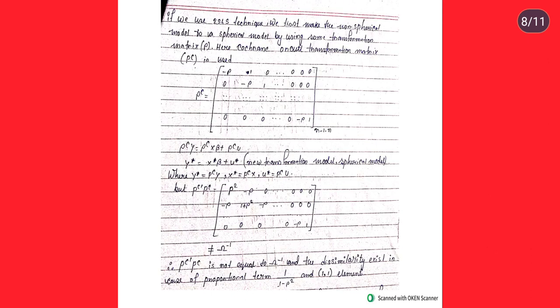So if we use the two-stage least squares technique, we first convert the non-spherical model to a spherical model by using some transformation matrix rho.